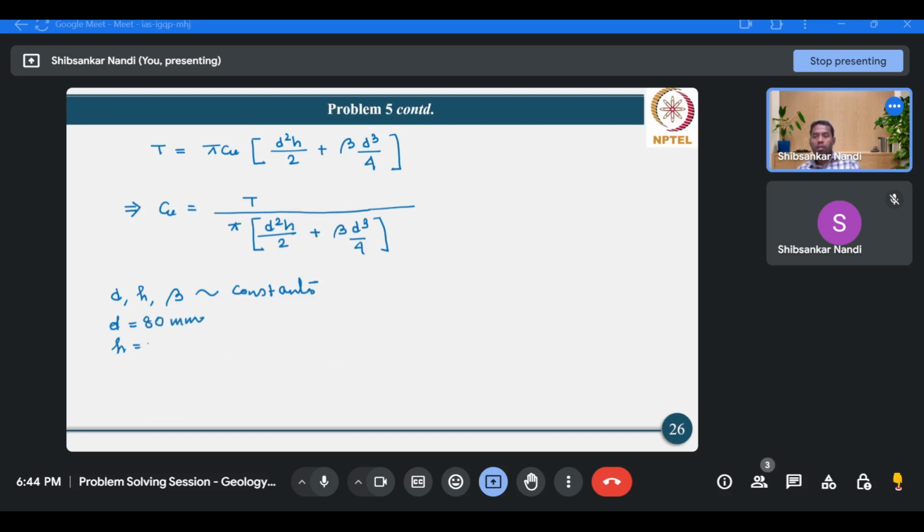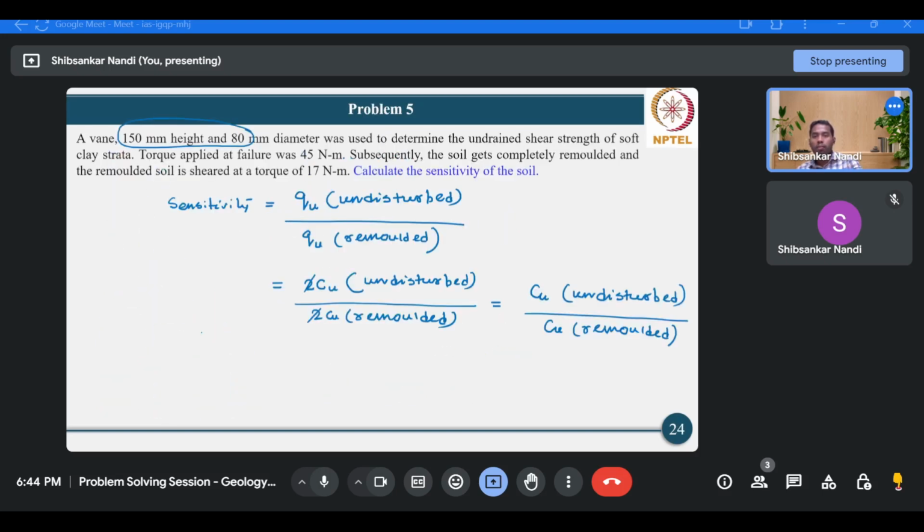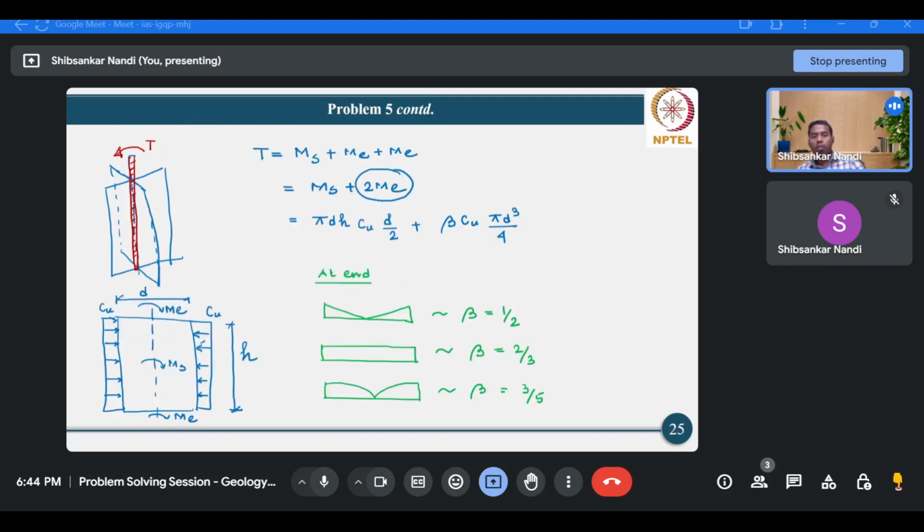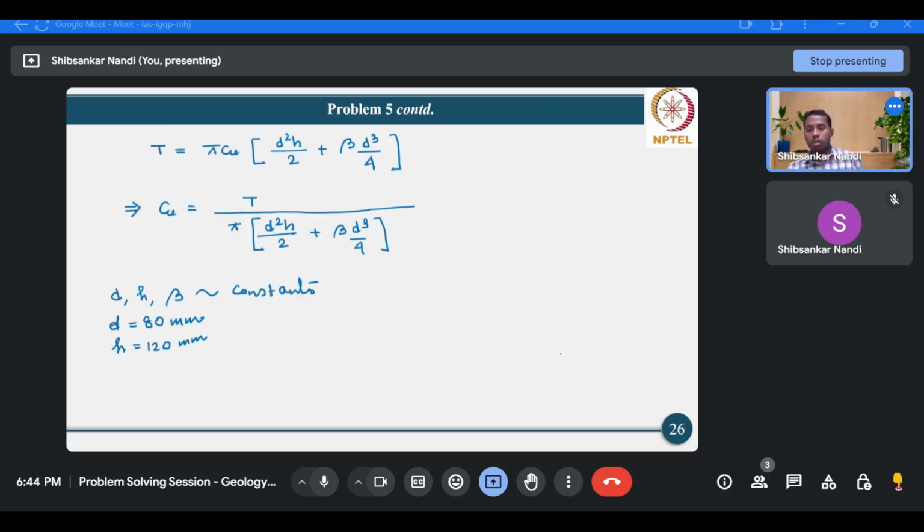Again, you can go for any of this distribution. Suppose, for example, we are going for uniform distribution, so beta will be 2/3.